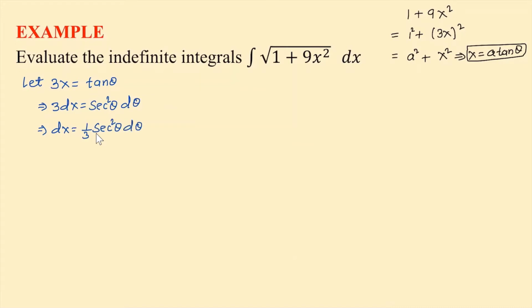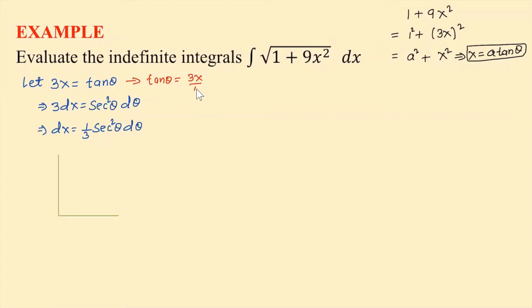Now, if you look at the first line, we have 3x equals tangent theta. That means tangent theta equals 3x over 1. So I can write it in the form of a ratio and complete the right triangle. Let's draw the right triangle.